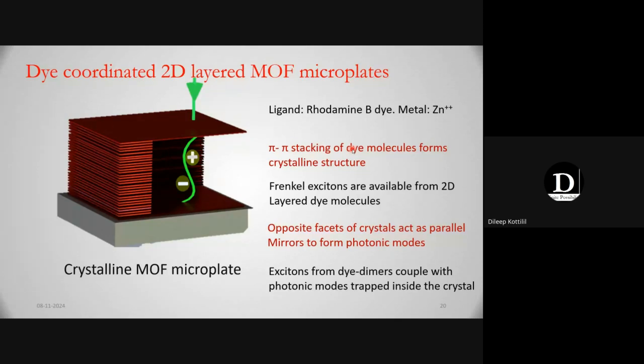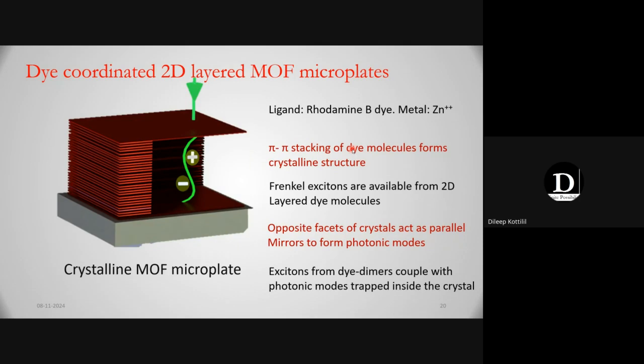Usually people use these dye molecules inside the porous structure of the MOF as a guest molecule. That is the common approach. But what he has done differently is that he has used this rhodamine B dye as one of the ligands of the MOF structure, and he has used metal.